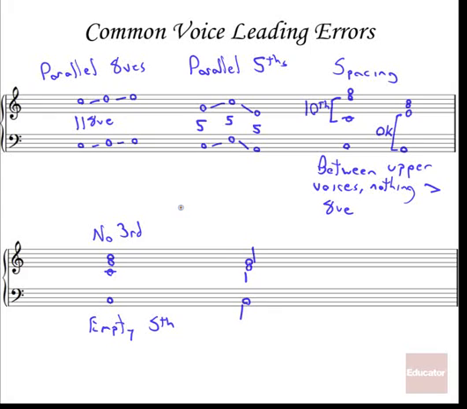So let's say the C moves down to an A, and then the E moves up to an A, and I'll keep the stem down, and then the G moves down to a C. So not so important what's happening here with the chords, but what's important here is that this lower voice with the stem down, the alto in this case, has moved above the soprano.